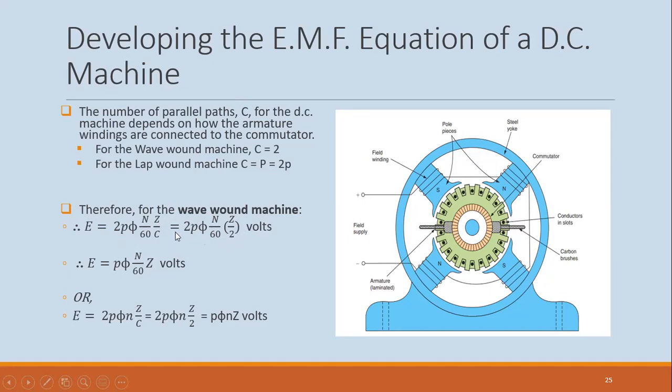If you simplify this, the 2's cancel, so it's p phi n over 60 times Z. Or if I write it in terms of small n, the 2's cancel again, and it's p phi n Z. Either method, revs per minute or revs per second, gives you basically the same answer.